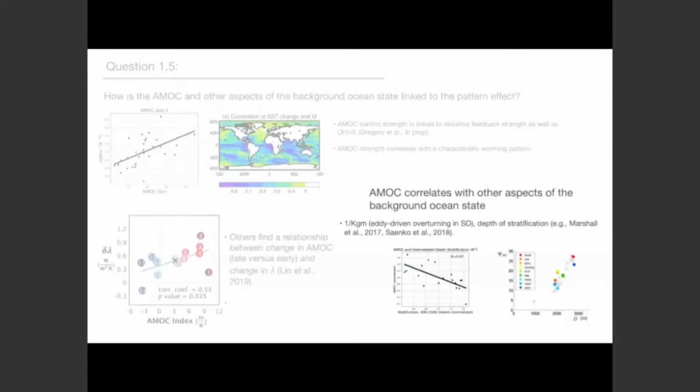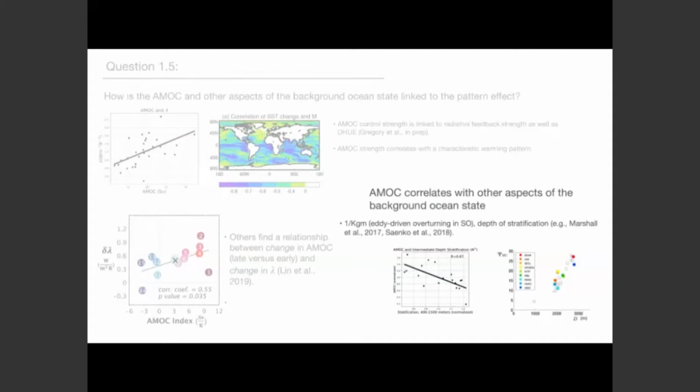I just want to make the point that when you link something to the AMOC, there are other things in the ocean state that are also quite correlated to the AMOC. This has been shown in nice simple ways by John Marshall and Oleg Sen. On the right is the relationship between the overturning stream function in the North Atlantic and the depth of the characteristic mid-latitude stratification.